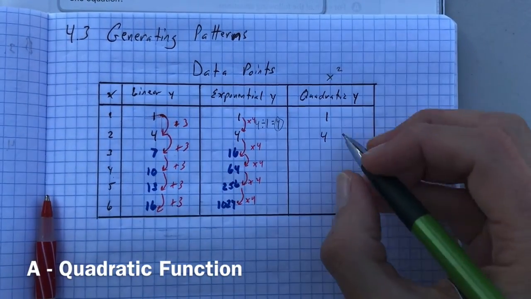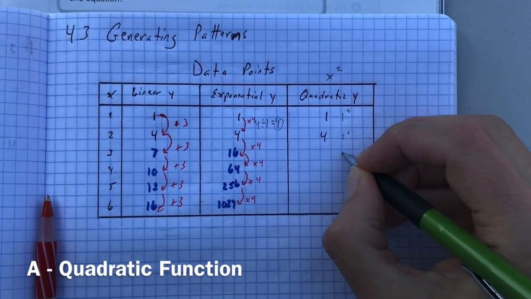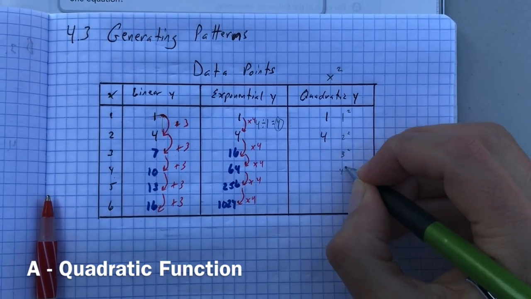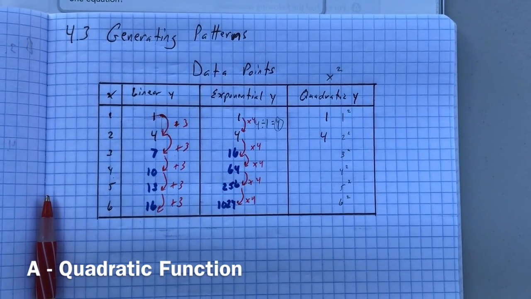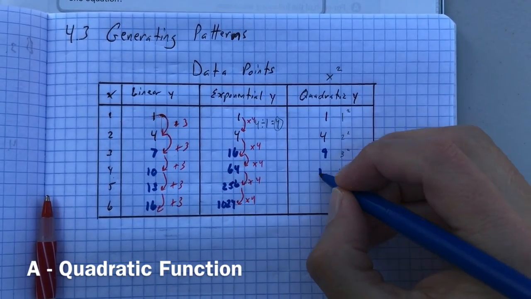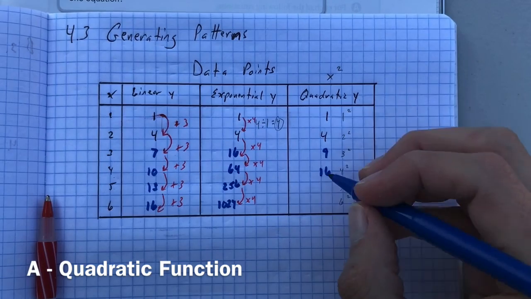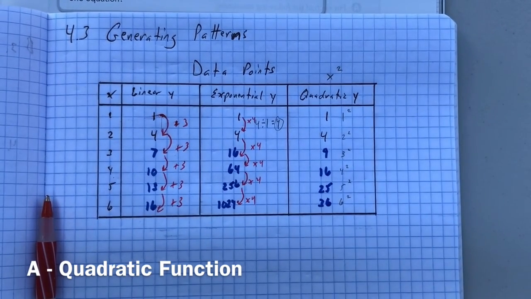So basically, it's going to end up being the same thing here. 1 to the second power, 2 to the second power, 3 to the second power, 4 to the second power, 5 to the second power, and 6 to the second power. And so that's going to give us our answers of 9 and 16 and 25 and 36. So that's our table following that specific data in that process.